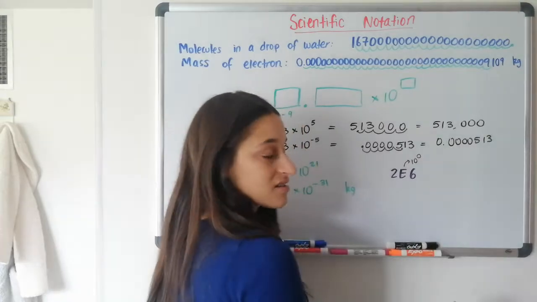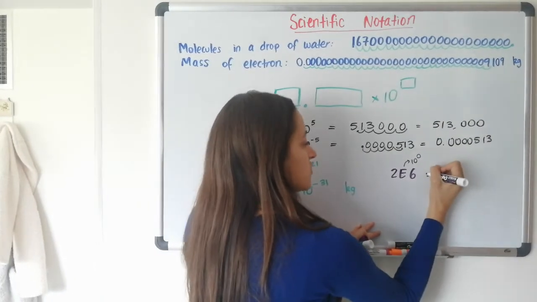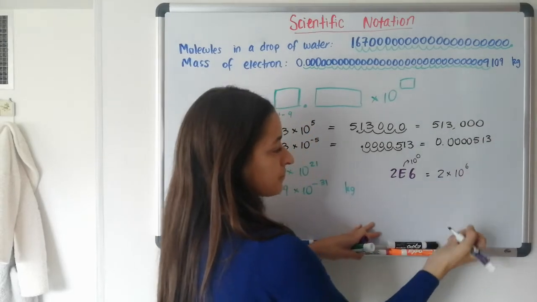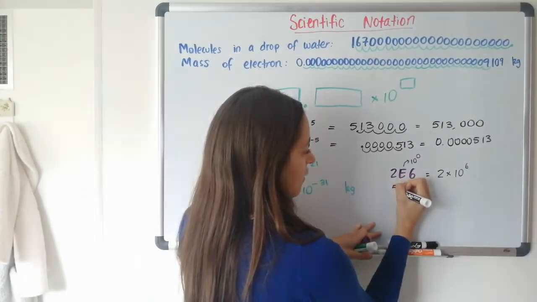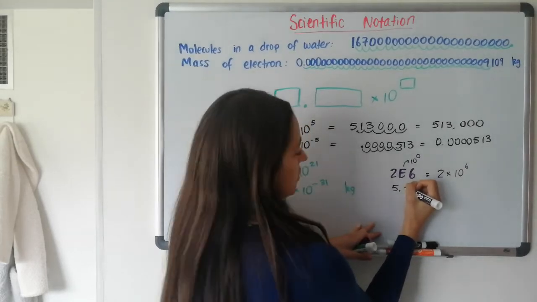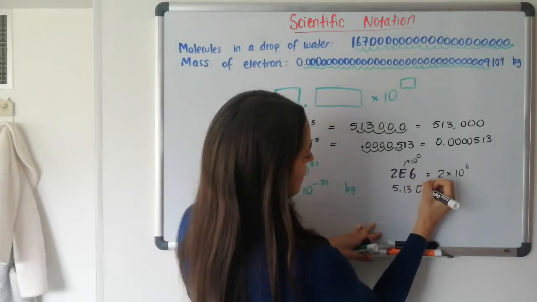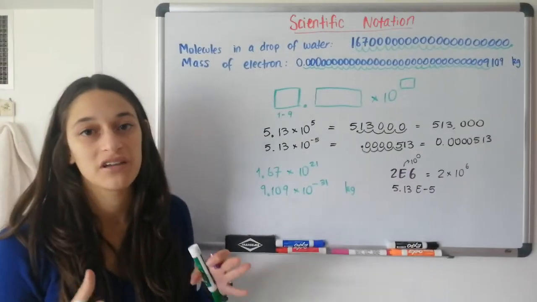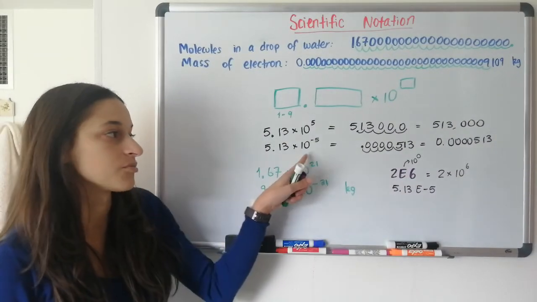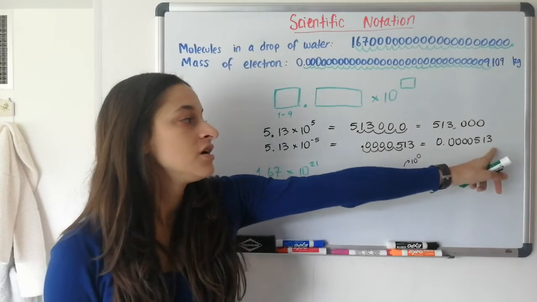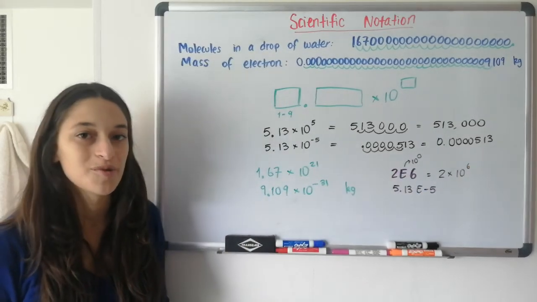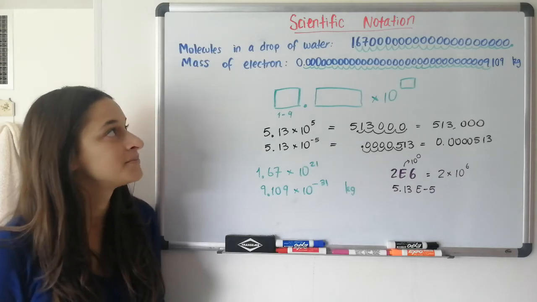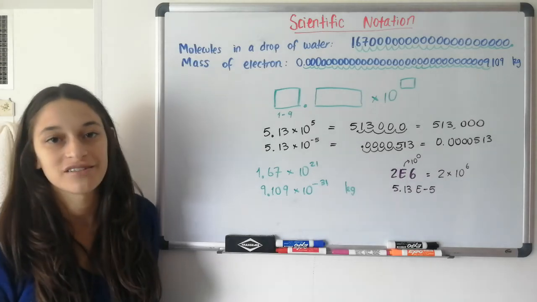And that something is the 6. So this is a calculator's way of saying 2 times 10 to the 6. If it said maybe 5.13e minus 5, that is the short way for the calculator to write exactly this number, 0.0000513. So that's just a bit of help in case you get that weird number in the calculator. But that's the introduction to scientific notation.